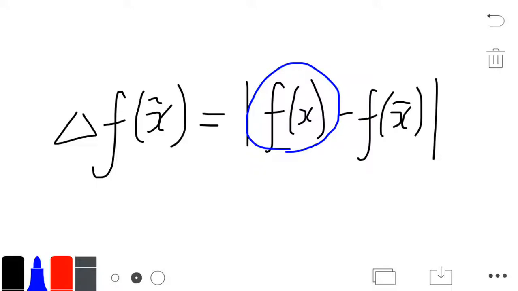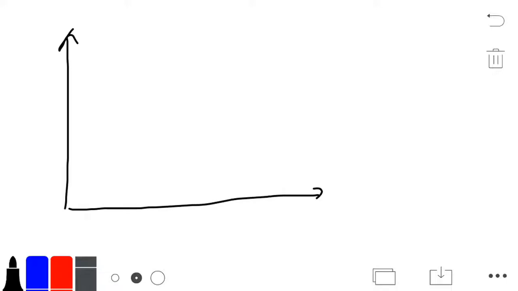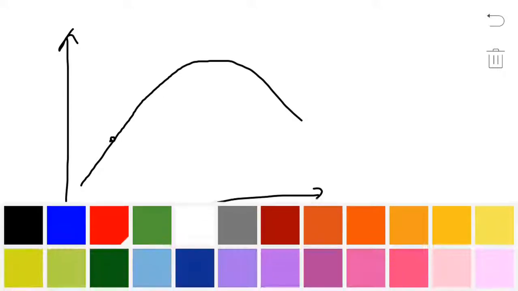So let me just explain this with a graph. Let's say we have a function that looks something like this. Now we estimate, let's say we're at this point.